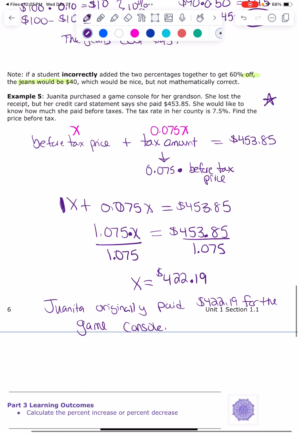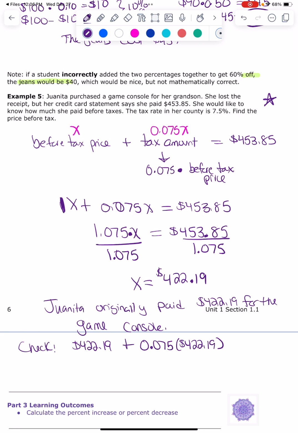And you can check, right? You can make sure. So you take the $422.19, you add the 0.075 times that amount. And it should come out to be the $453.85.